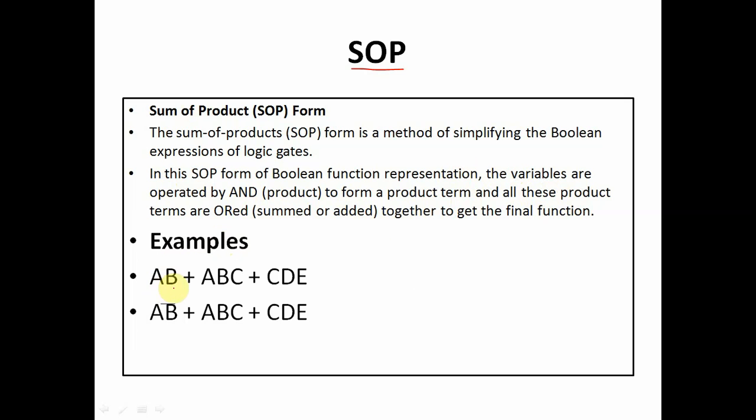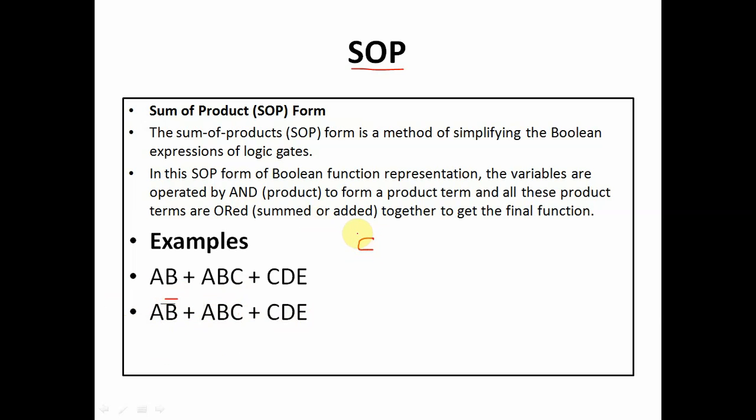For example, AB plus ABC plus CDE: there are products present, and all these products are added by using the OR gate. Here AB bar plus ABC plus CDE is also another example of sum of product.